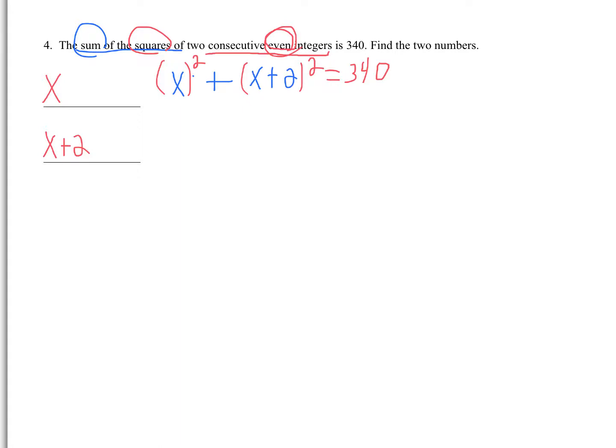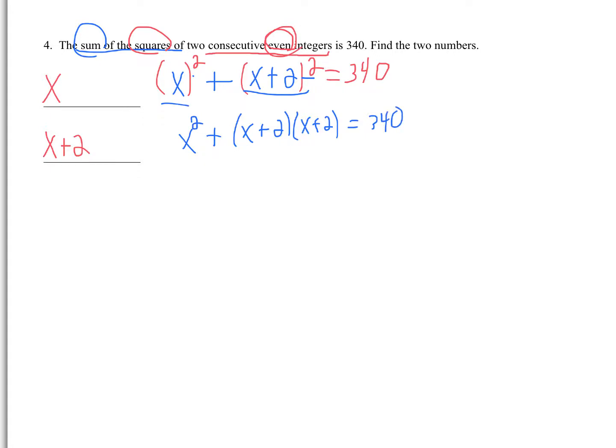Alright, so now let's start to solve this. I'm going to square x. So x squared, that's no big deal. Plus, x plus 2 being squared means we have to write this twice, like so, equaling 340.